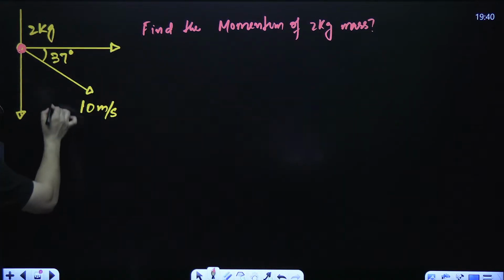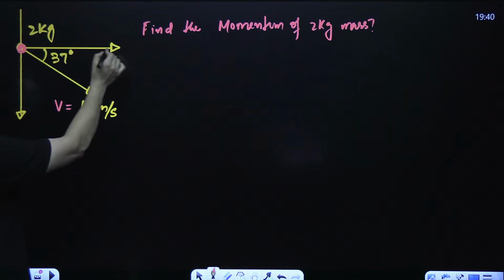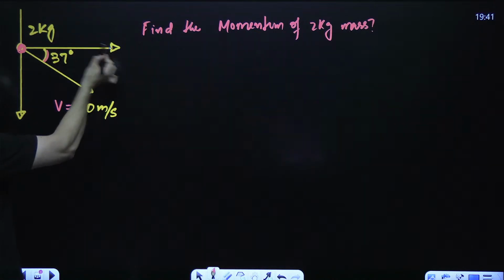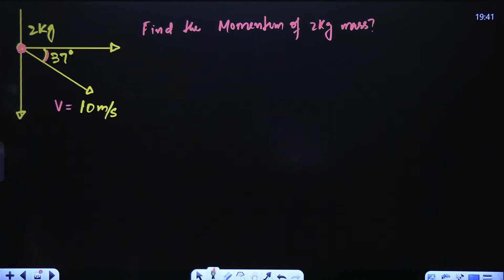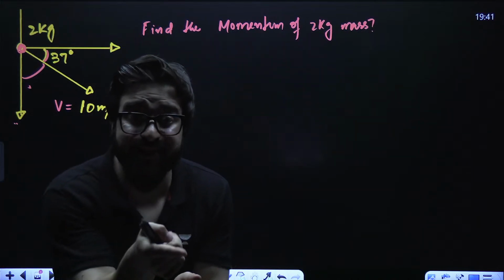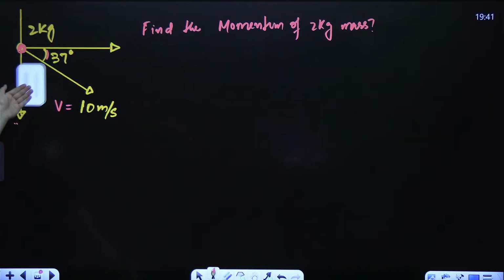Guys, see, if velocity here is 10 meter per second, this will be x. If the angle is from this side, then you take this as the cos component. If this was 37, then I would have said this is the cos component. It depends which one is the theta over here, which one you are taking as theta.